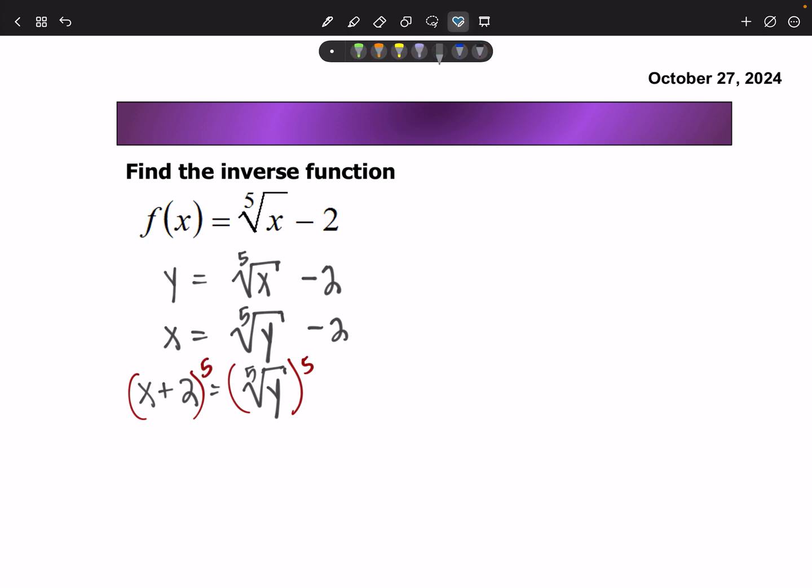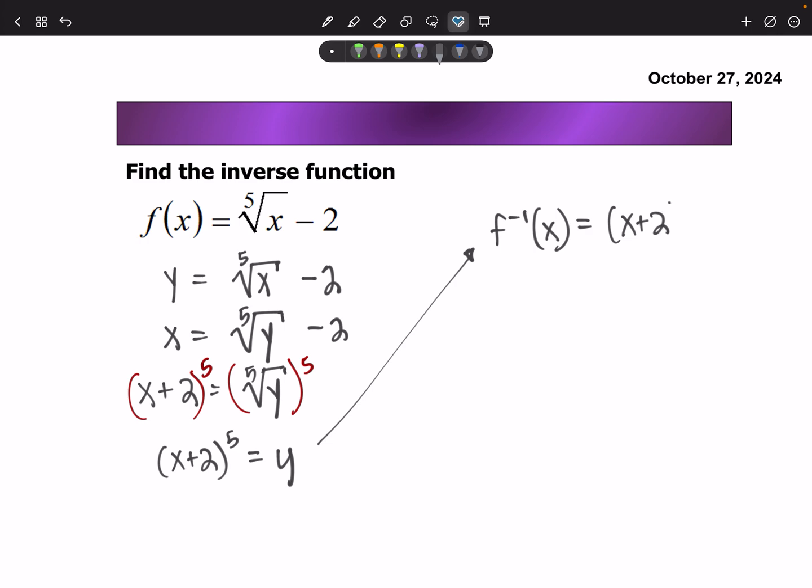On the left, we've got x plus 2 to the 5th power. And on the right, we have just a y. I'm going to change that y to f inverse of x is equal to x plus 2 to the 5th power. And box it.